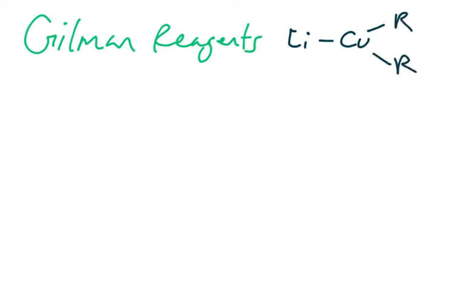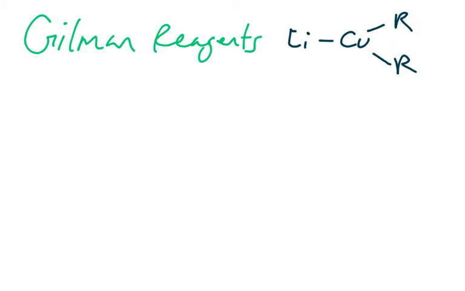And the funny thing about Gilman reagents is you can't use both of them. Stoichiometrically, when we're thinking about how much of this we need for our reaction, we only want 1 lithium dialkyl cuprate, or 1 Gilman, per reaction, because only one of these alkyl groups is going to be used, and the other one's just going to hang around and do nothing because it's lazy.